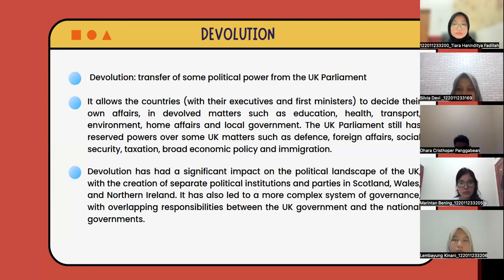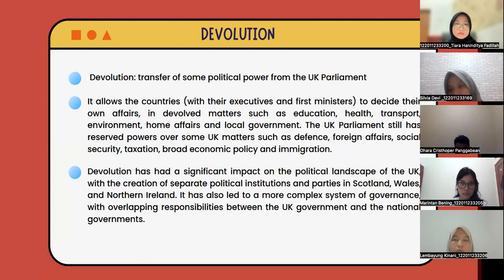This devolution allows the countries, with their own executive and first minister, to decide their own affairs in devolved matters such as education, health, transport, environment, home affairs, and local government. The UK Parliament still has reserved power over some UK matters such as defense, foreign affairs, social security, taxation, broad economic policy, and immigration.